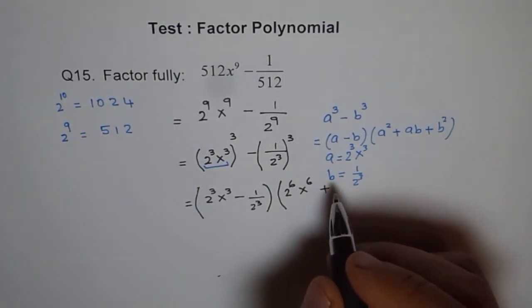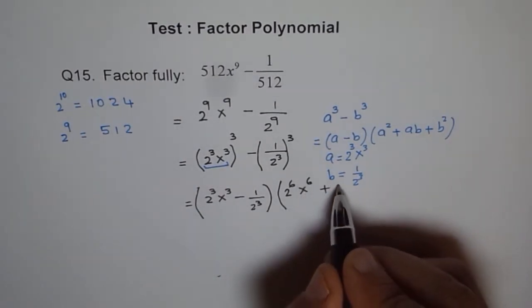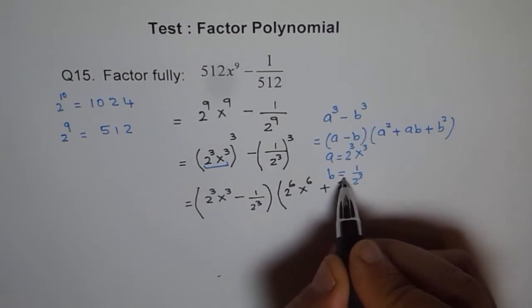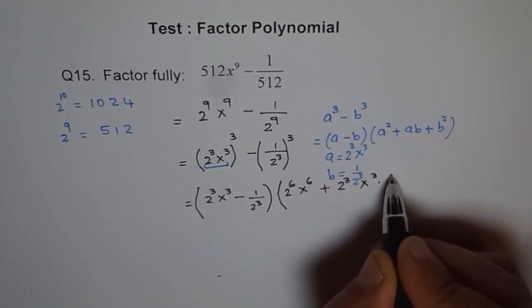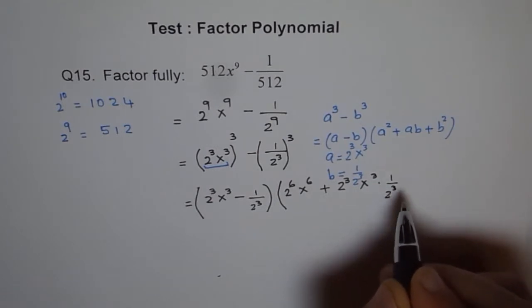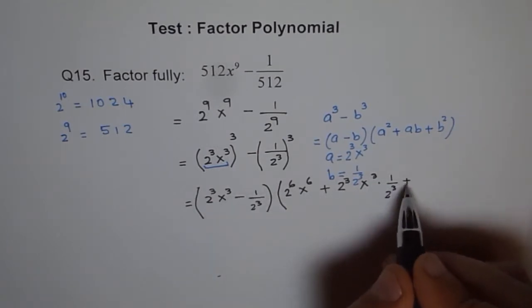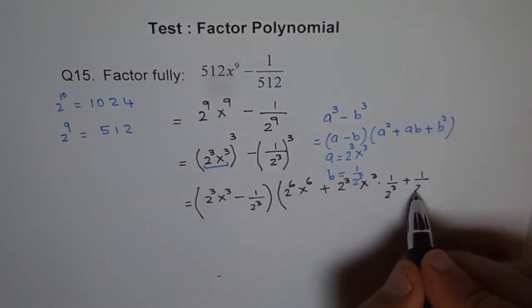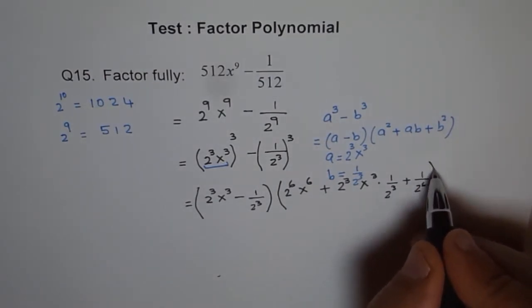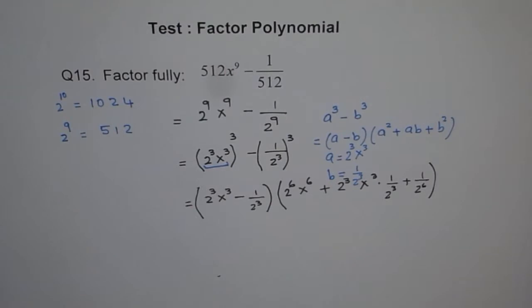Or let me do it in the next step. Let me write it 2 cube x cube times 1 over 2 cube, right? Plus b square, square of this, which is 1 over 2 to the power of 6. Is that okay? That is my expansion for this part.